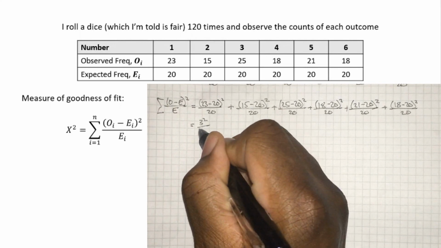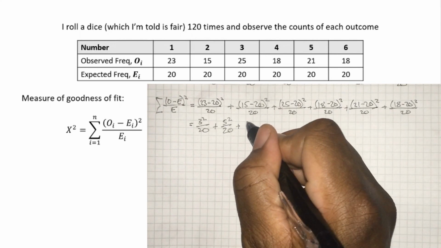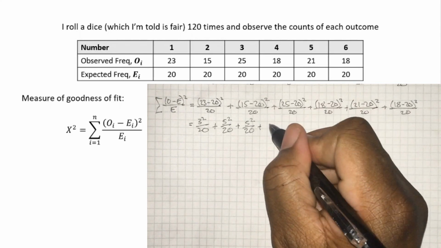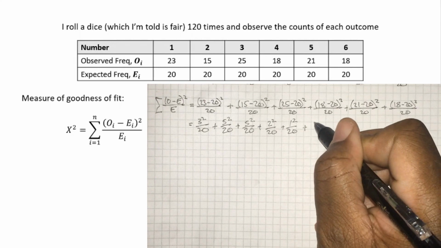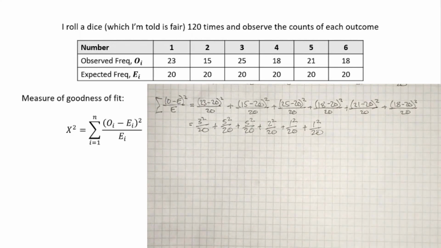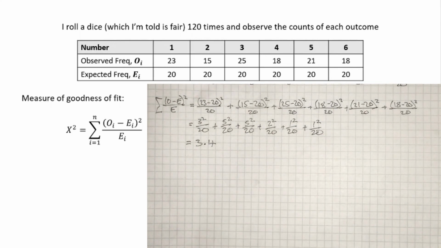Okay, these differences I can actually do in my head quite quickly. So I know this is 3 squared, then we have 5 squared, another 5 squared, 2 squared, 1 squared, and finally 2 squared over 20, which gives us an answer of 3.4. So a chi-squared score of 3.4. An optimal score would be 0.